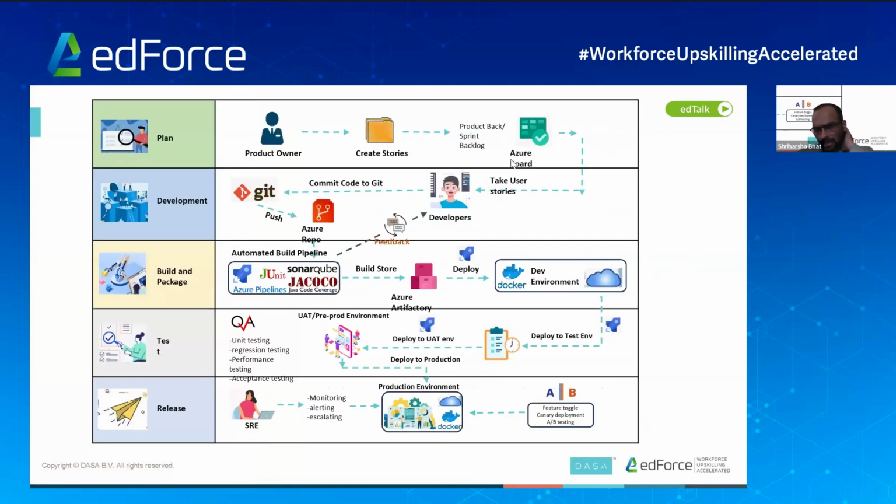So this is the typical software development and delivery life cycle. I do not want to go through each and everything here. It's about how you go about planning. If you have come across the agile world, the product owner creates all the user stories and maintains them in one centralized location, from where the development picks up.